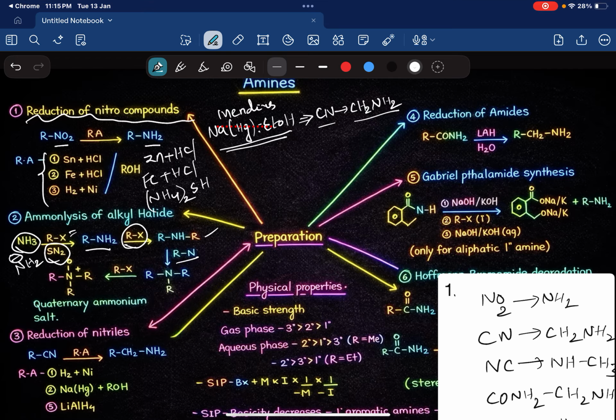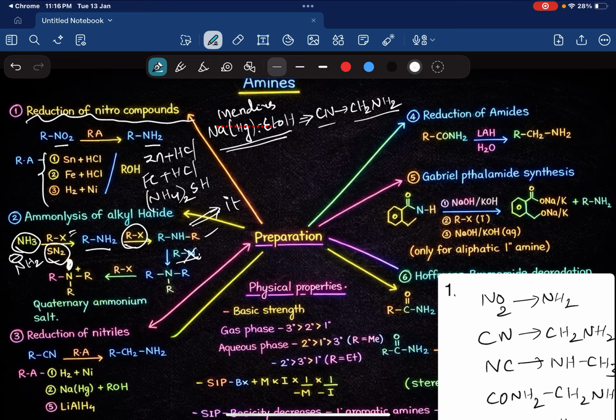Further addition of RX gives a tertiary amine. That is, over-addition of RX gives a quaternary ammonium salt. So in this process we get all the types of amines, so it is not a suitable method to prepare specific amines. So that's about ammonolysis of alkyl halide.